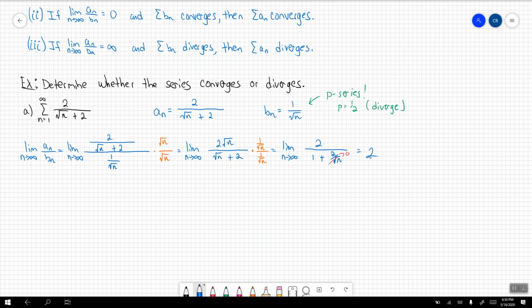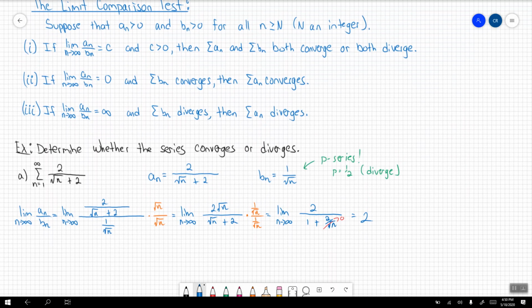Nice. This is that constant value that we were looking at for case number 1. Look at case number 1. It says that if you take the limit as n goes to infinity for the ratio of the two functions, and if it's equal to a constant that is greater than 0, yes, awesome.